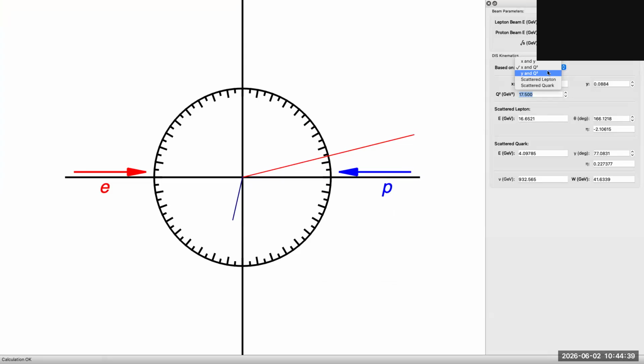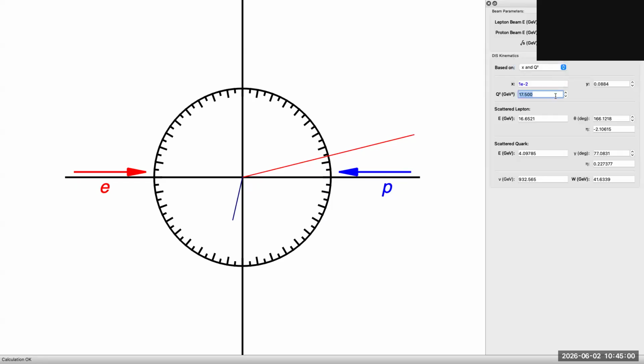Remember? Angle, energy. You can rewrite these variables however you want, but the information is there, only two independent. So you can say x and y, or x and Q squared, y and Q squared, or the energy of the scattered electron or quark. It doesn't matter. So we usually use x and Q squared or y and Q squared.